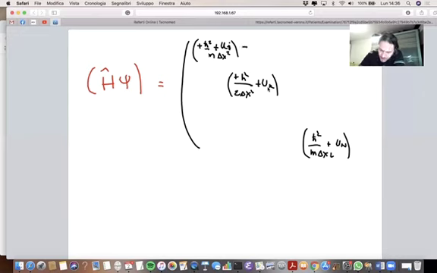Off diagonal, there will be only the kinetic energy. And everywhere else is full of zeros.